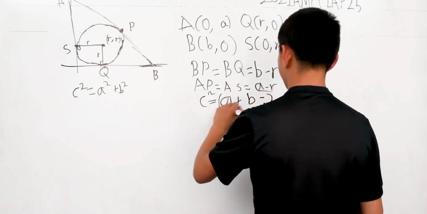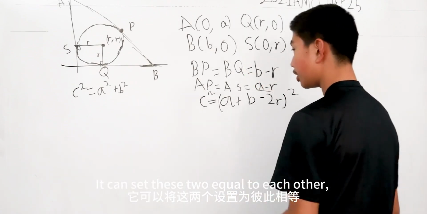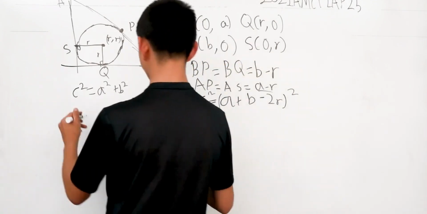Now we square it. Okay, we can set these two equal to each other.